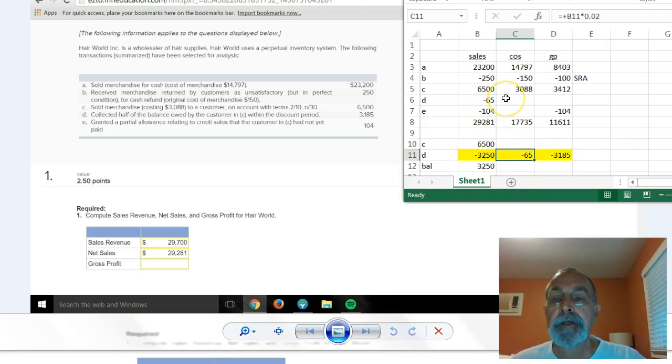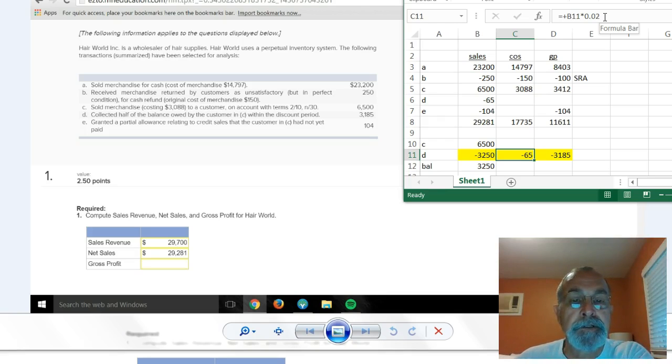What I've done here is calculated the discount. So we take the amount in B11, which is the amount collected, that's this $3,250, and we multiply by the discount rate.